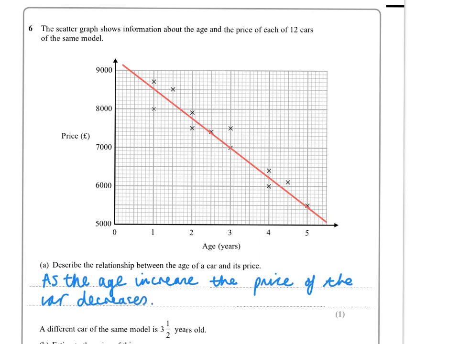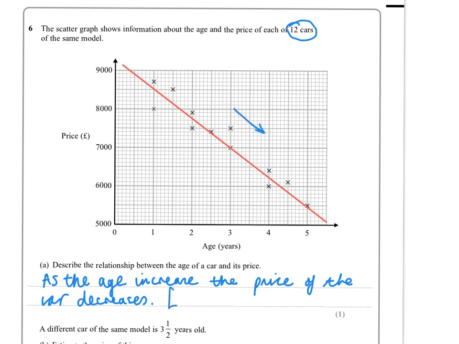So sometimes you can use your common sense here, but some of you might think, well, if it's a vintage car, if it gets older, then it will go up in price. But these 12 cars are obviously not anything special. They're depreciating as their age goes up. So that's the correlation, it's a downward trend.